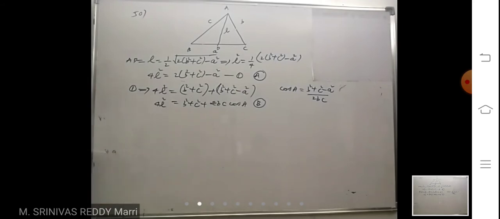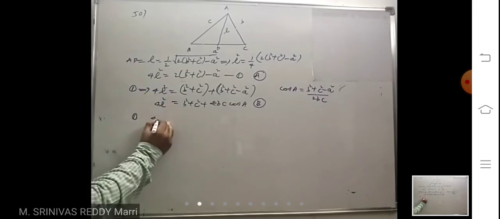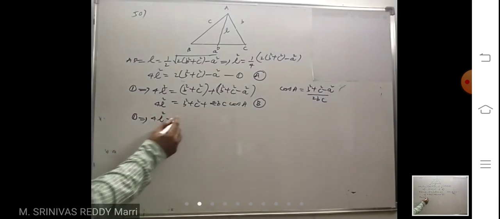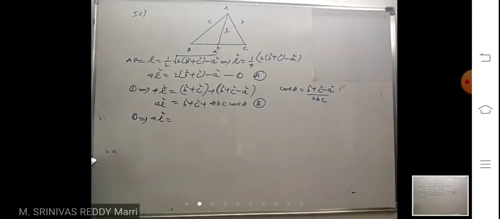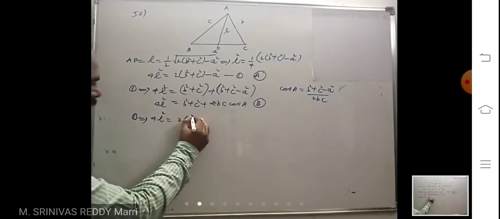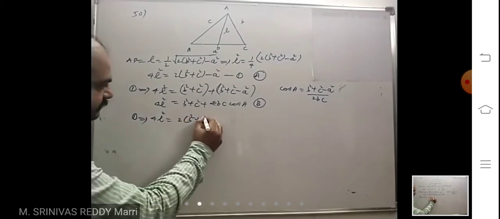Now I am doing it like this. Look at, I am taking only one and writing it like this. This one is 2 into b square plus c square.